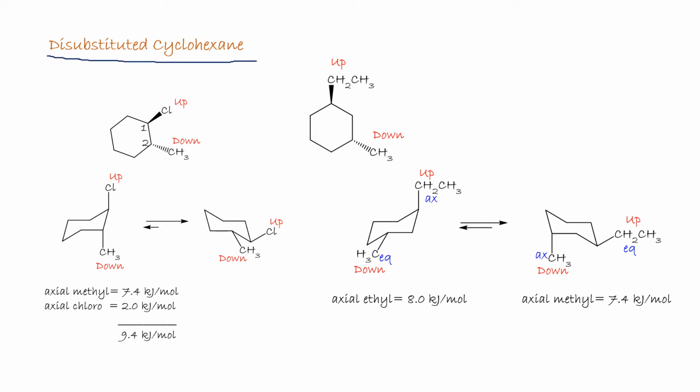Disubstituted cycloalkane. Let's look at the molecule where CH3 here is down and Cl is up. If you would like to draw it in the chair form, this is the chair form.